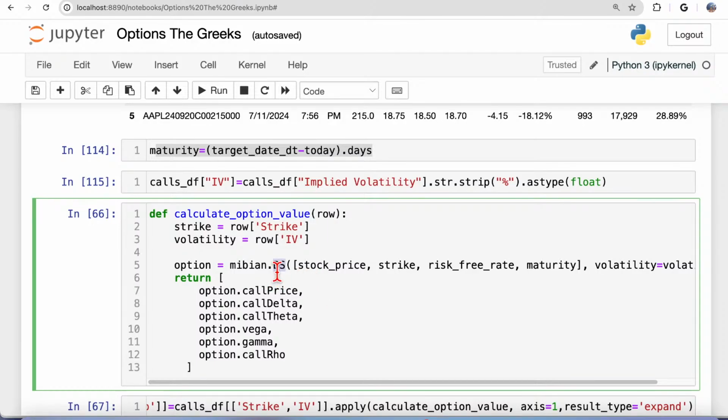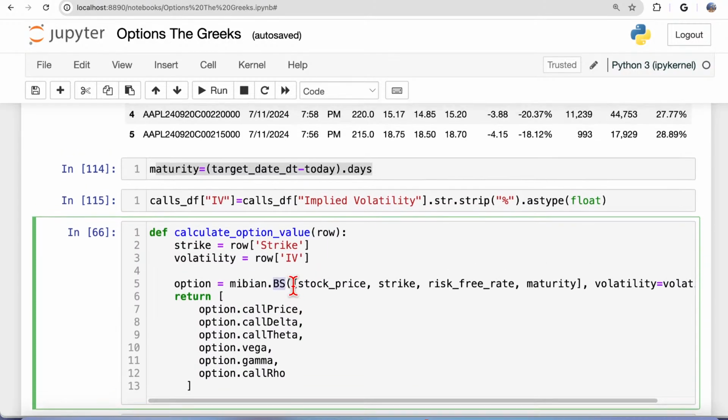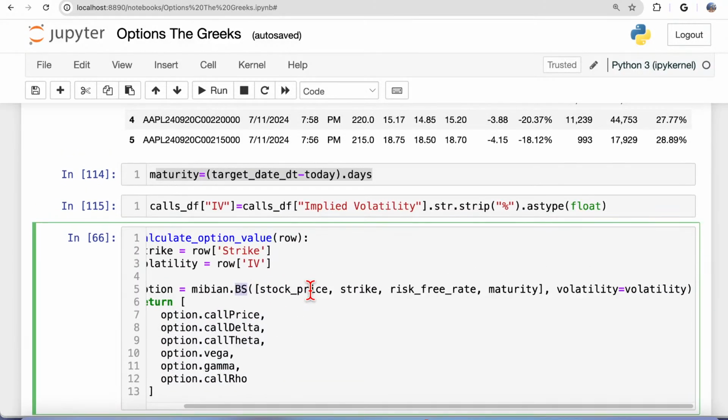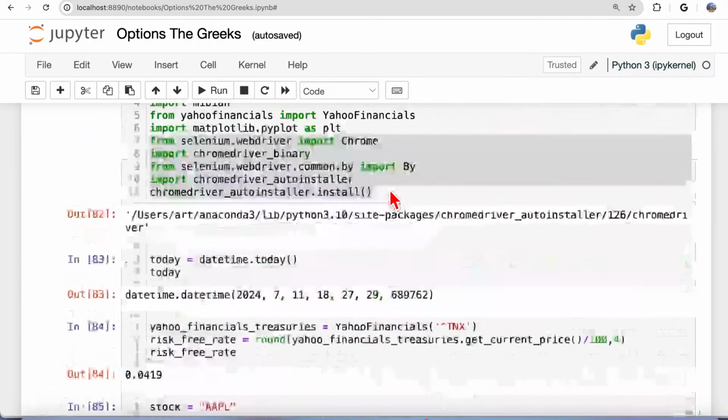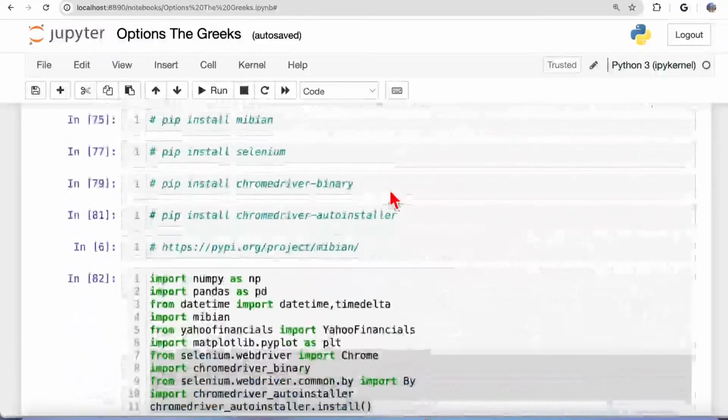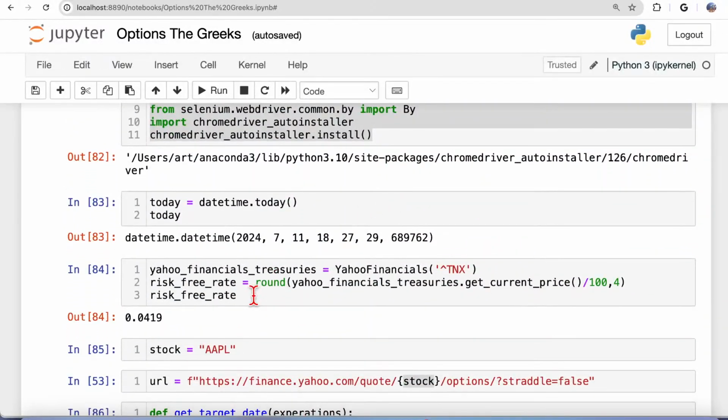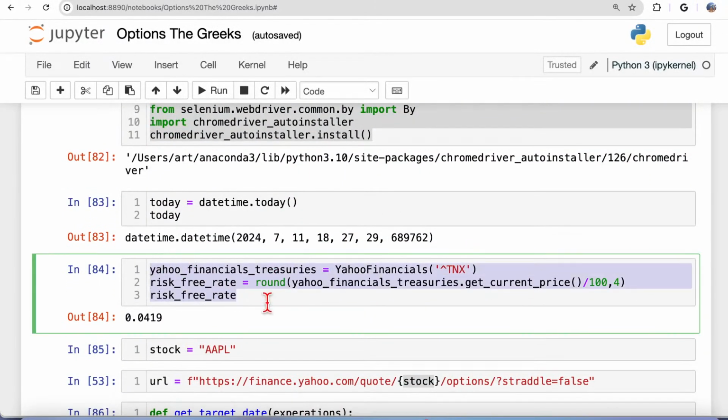So the Black-Scholes model, that's the most popular one, here requires stock price, we know that one, strike, that would be different every time, risk-free rate, that we, if you remember, identified here, and I would like to get this risk-free rate dynamically, because that's how pro guys do this stuff.